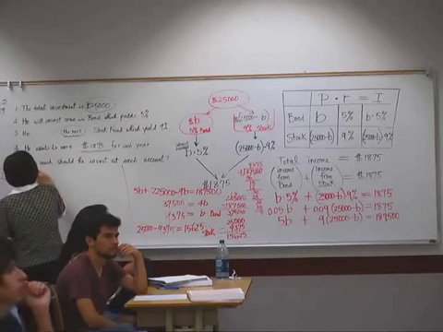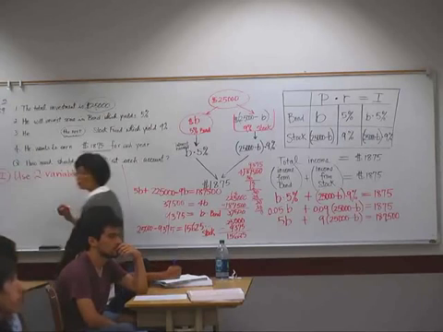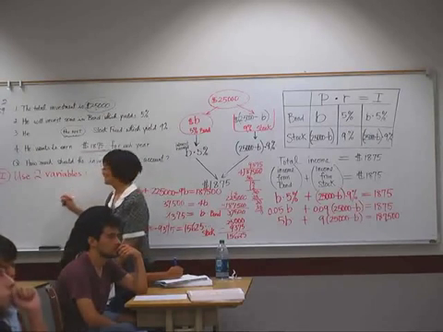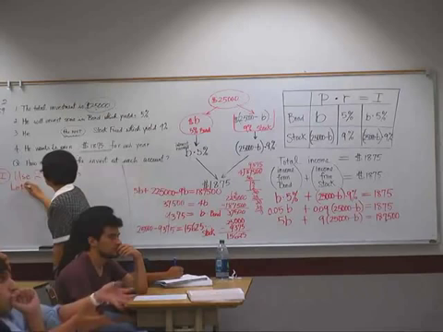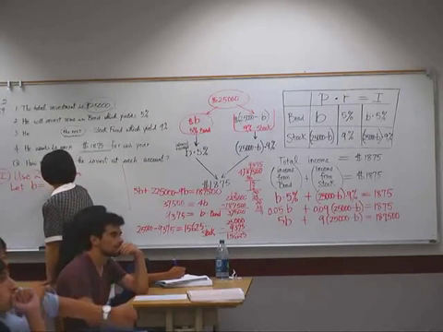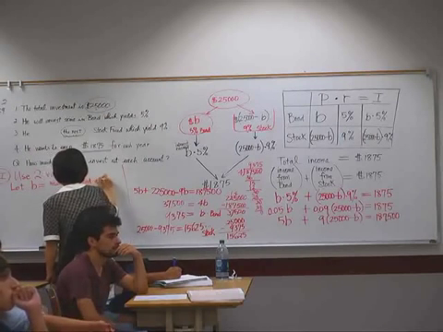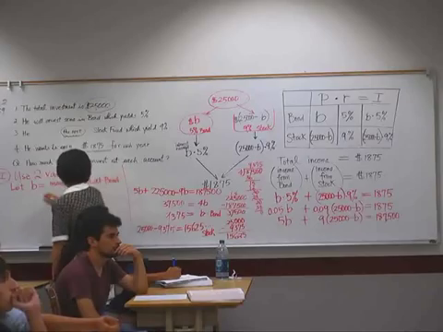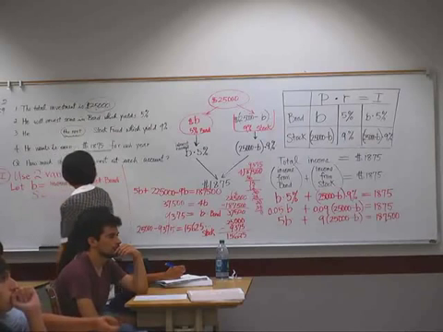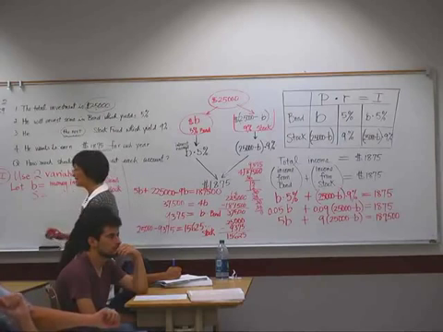Using two variables. Okay? If you use two variables, what will happen? Maybe you will say let B equal the money invested at the bond fund. How about S? It's the money you invested at the stock. Right?